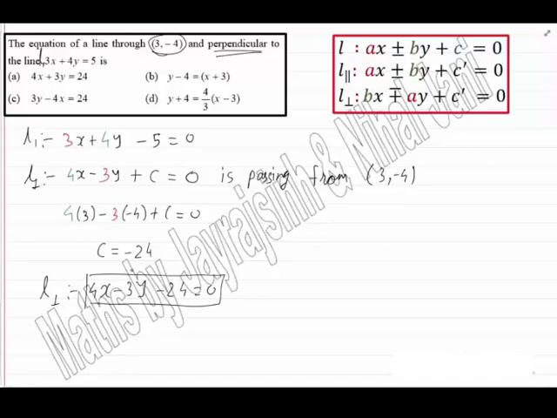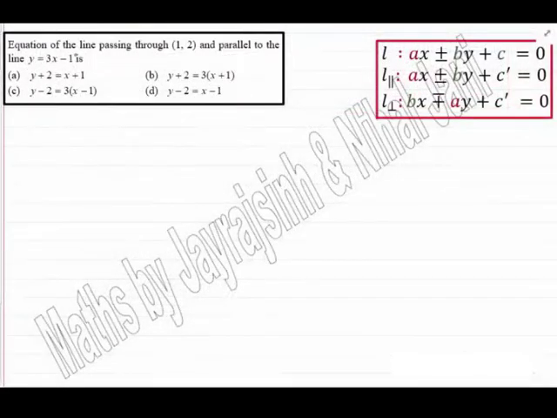Ta-da! Option D is the right answer. I know you're not getting the answer in the first look, but if you simplify option D, you will get 4x minus 3y minus 24 is equal to 0, which is our answer. So option D is the right answer.